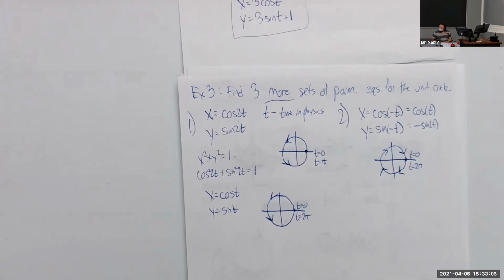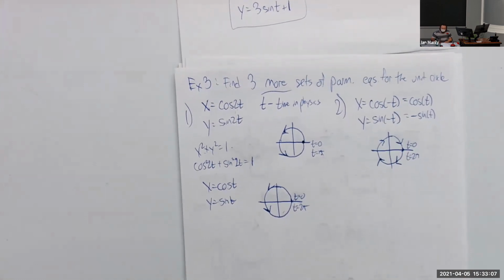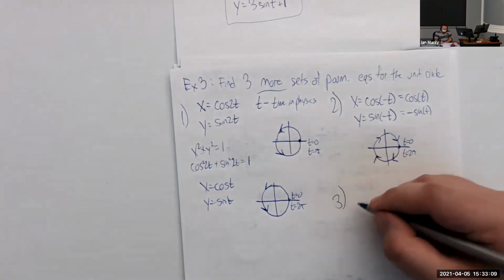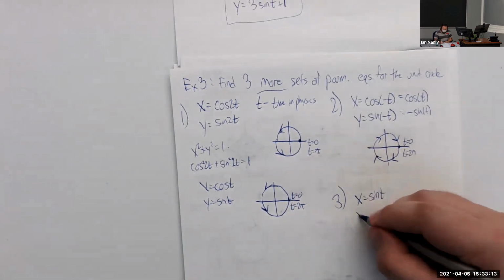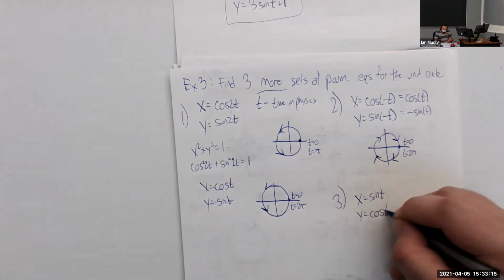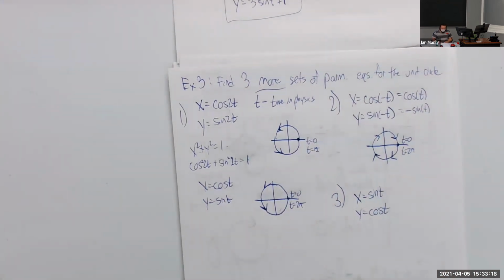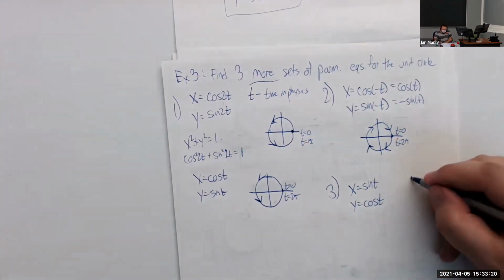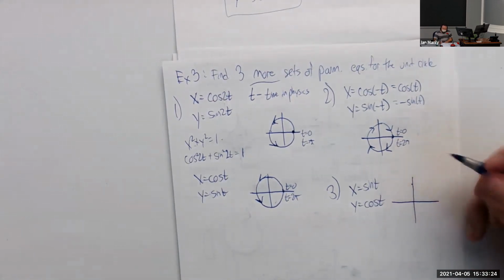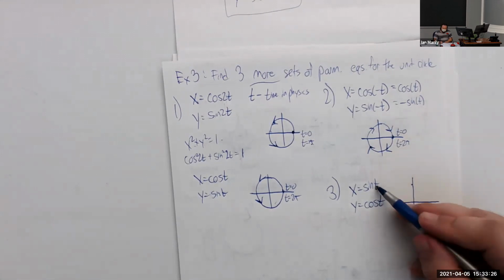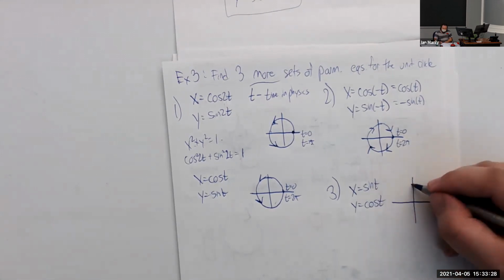All right. So let's find one more way of doing this. This one looks a little bit strange, but it still works. Let's have x be sine of t and y be cosine of t. All right, now how is this one going to work? Well, again, it's going to draw the whole circle, but if we start at t equals 0 here, we have x is 0 and y is 1.